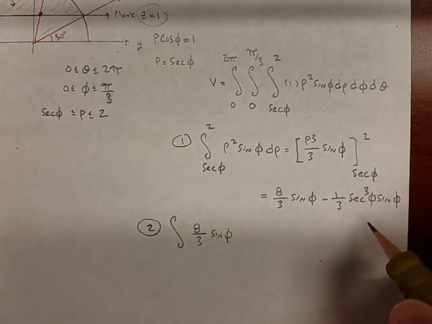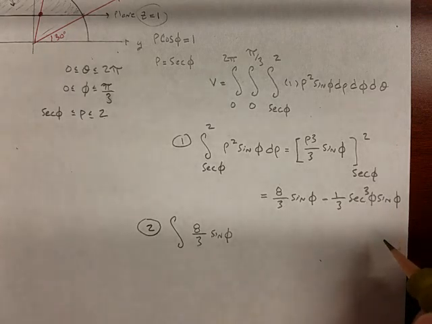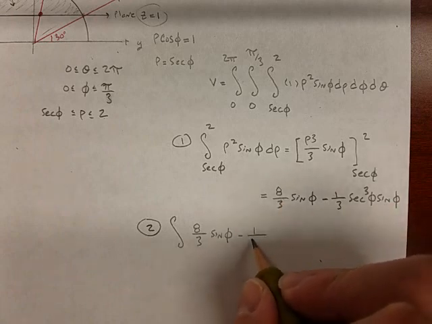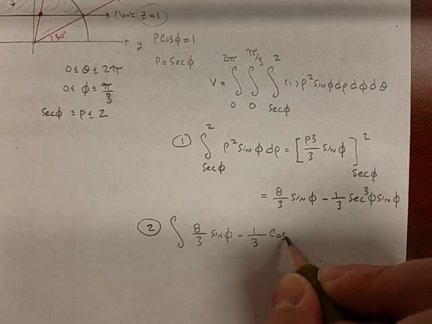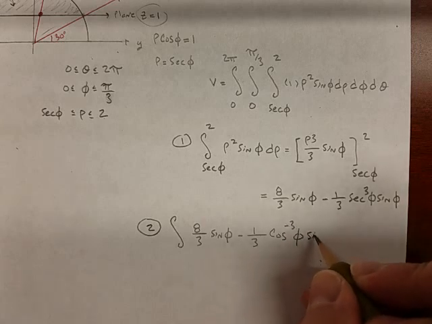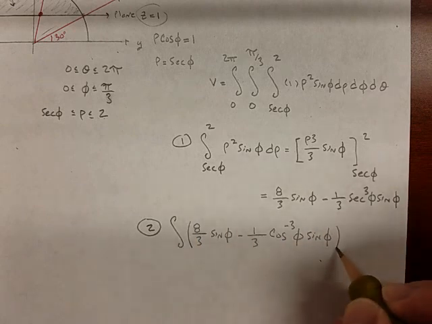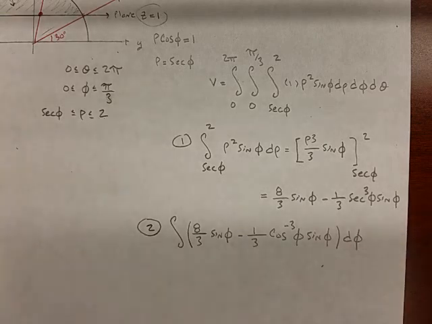This I have an issue with. I'd like to change that into something that I know how to do. So here's what I'll say. I have a negative 1/3. That is the same thing as cosine to the minus 3 power phi sine phi. Okay, I get all that. I like that a lot better.